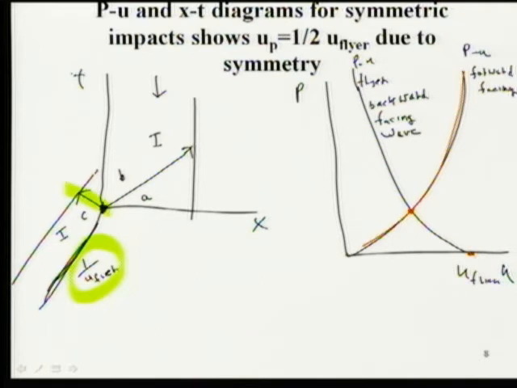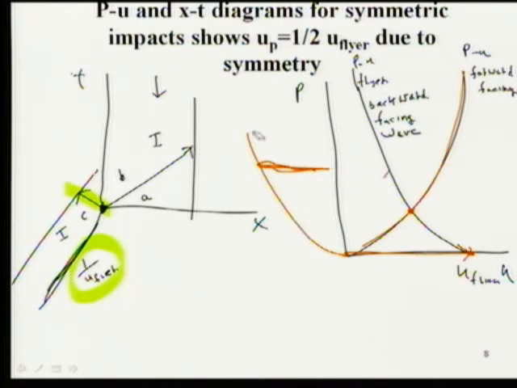So we can slide this PU curve, this reflected image. You can start over here and reflect it, and then just scoot it over to the point, so this curve moves over to this curve. If you're doing it graphically, that's what you'd do if you had two pieces of graph paper.